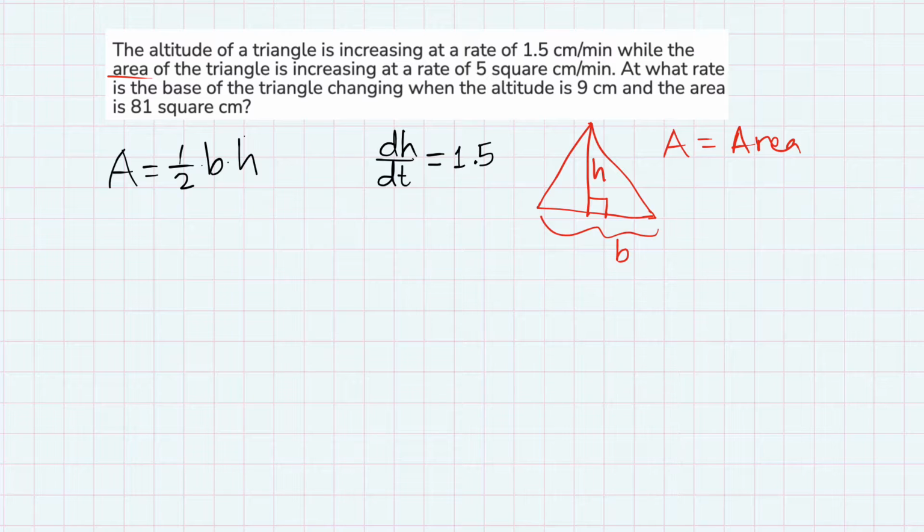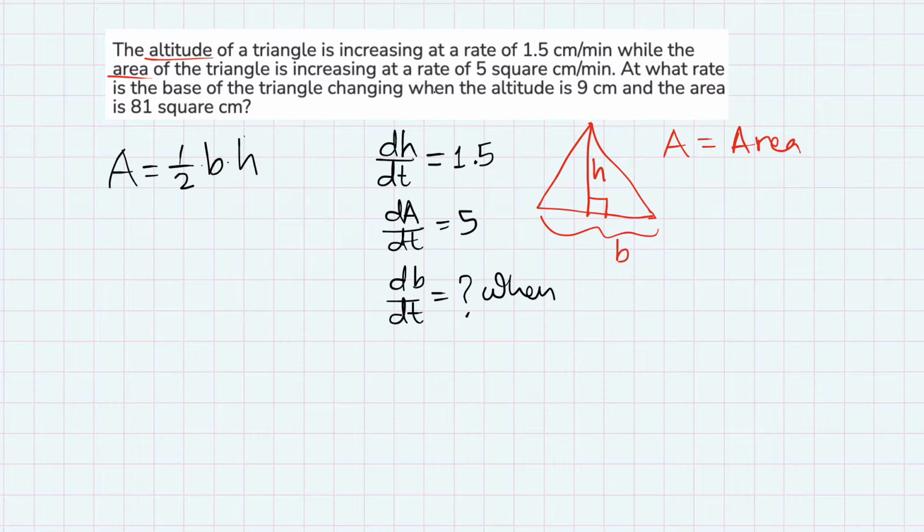While the area is changing, d over dt, that's the rate of change of area, is at the rate of 5. Now it asks at what rate is the base of the triangle changing. So d over dt, rate of change of base is what?